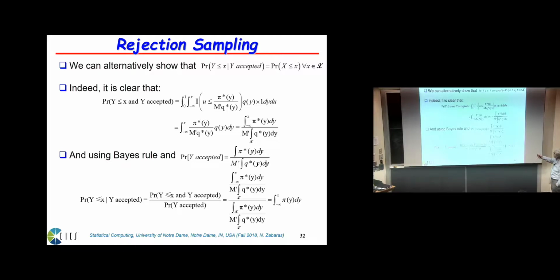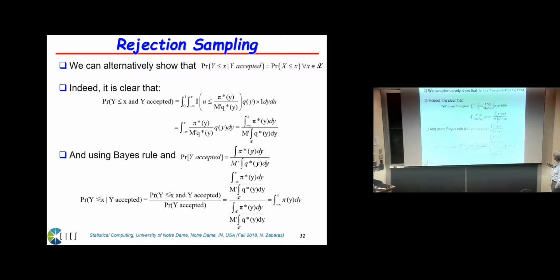So I'm again using the divide and conquer, if you like, rules of probability. So y comes from q of y times 1. 1 corresponds to where? Look at that equation and tell me what is that one that I put explicitly. What is that one? You notice here I put this indicator function. It says indicator of u less or equal to this, which is the acceptance probability, right?